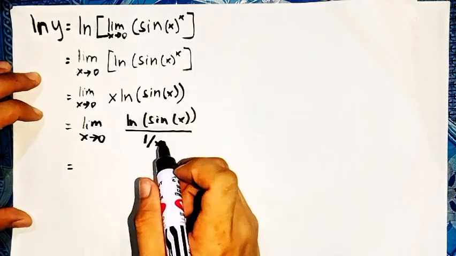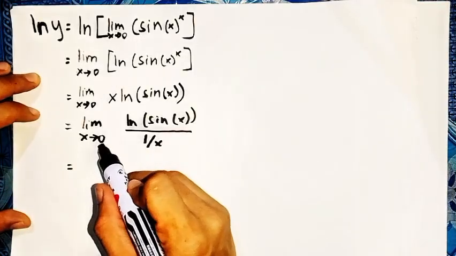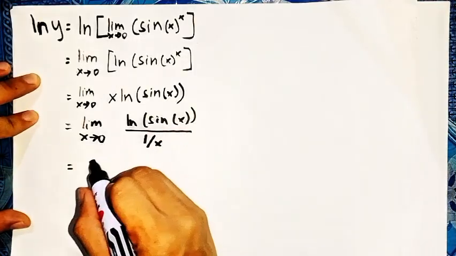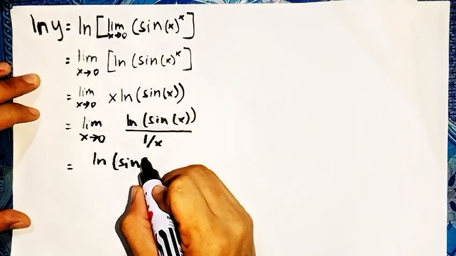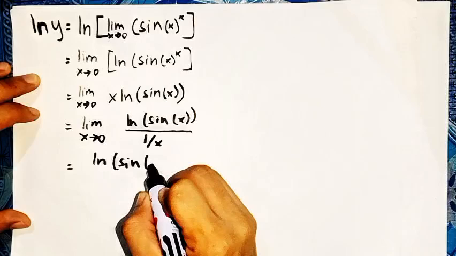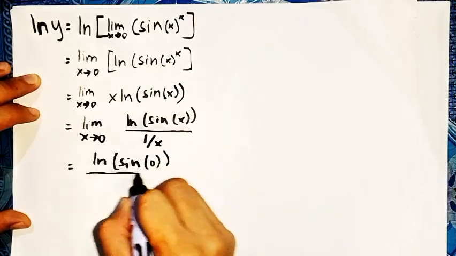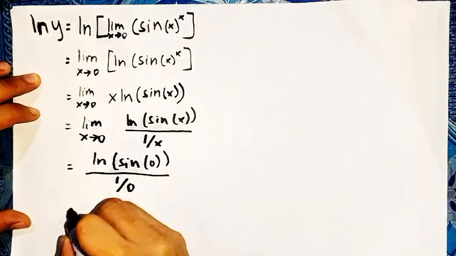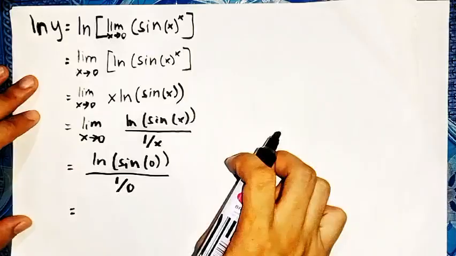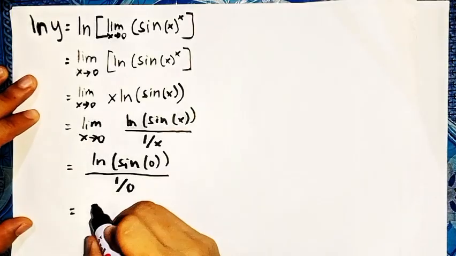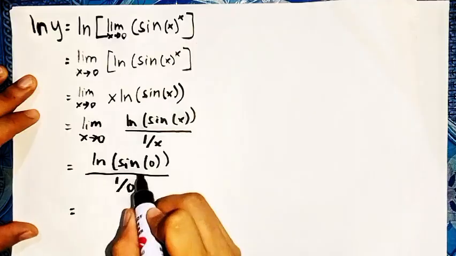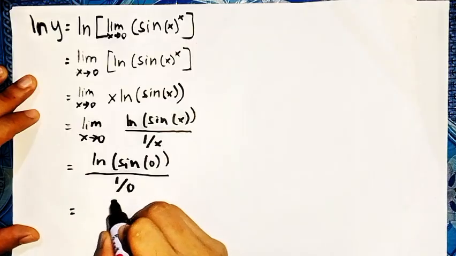Now, if we substitute 0 for x, we have ln sine 0 over 1 over 0. Sine 0 is 0, right?